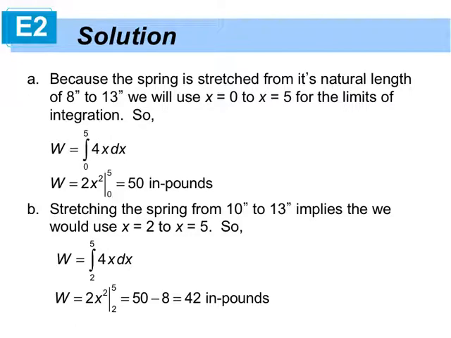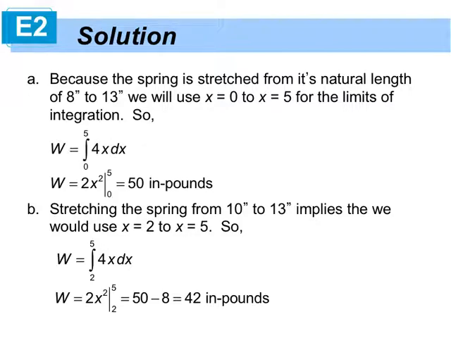Brian? Can you explain why the integral's 2 to 5? Yeah, so I have a spring and it's just hanging down there, that's its natural position. So instead of thinking of this as 8, think of this as 0. Then I'm taking that spring and stretching it down to a total distance of 13.